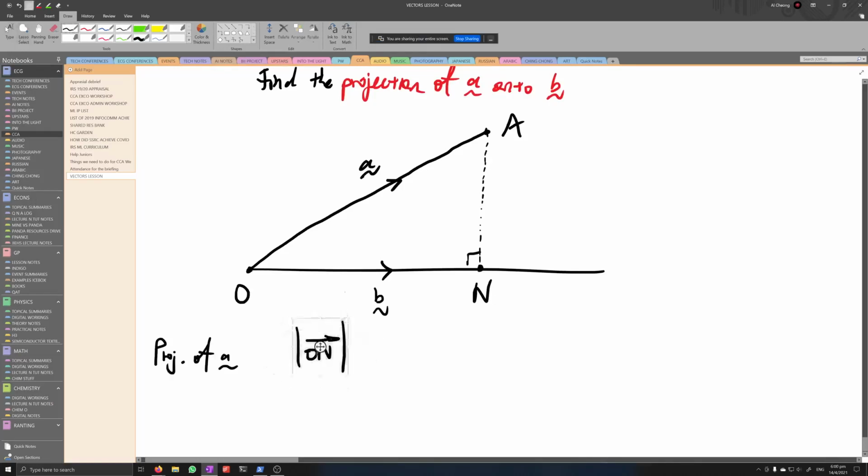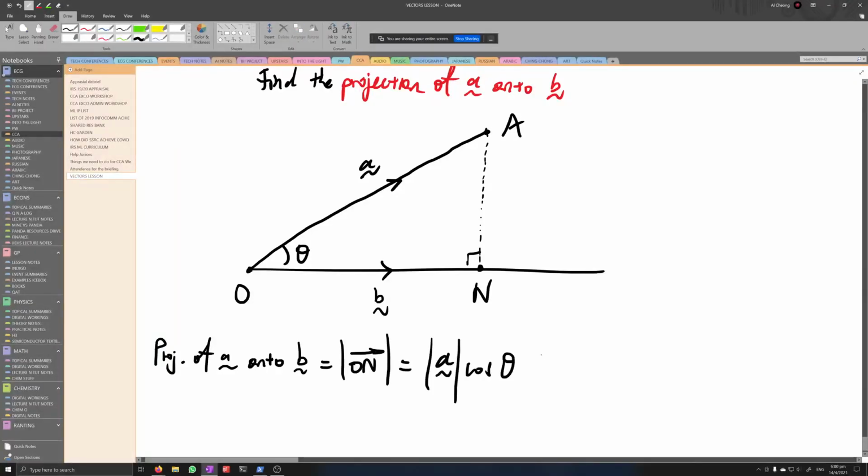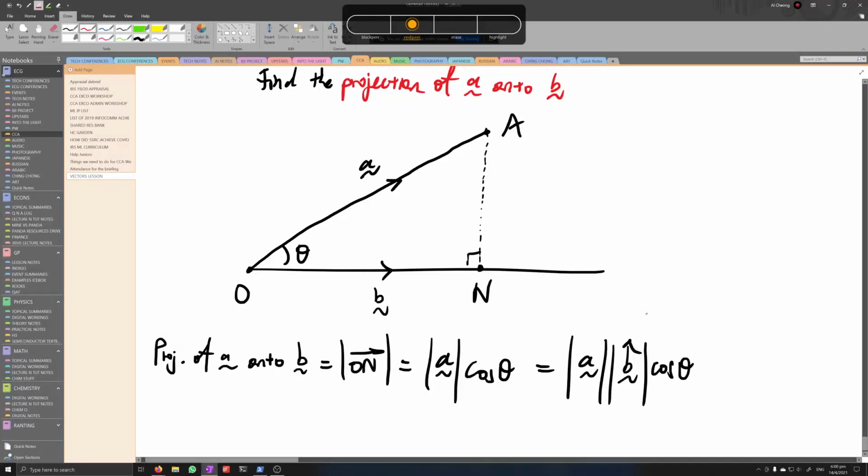The projection of A onto B equals ON, which, with theta here, equals mod A cosine theta, which equals mod A times the unit vector B hat. Remember, once you have the hat, it means it's a unit vector, so the magnitude is 1.